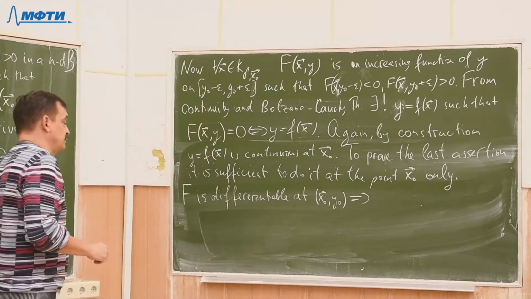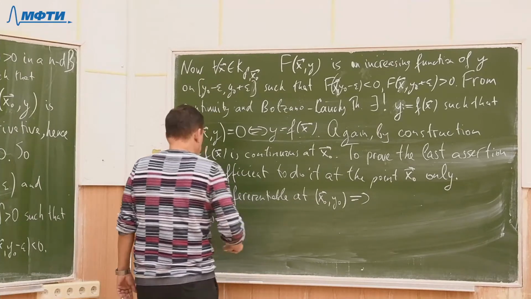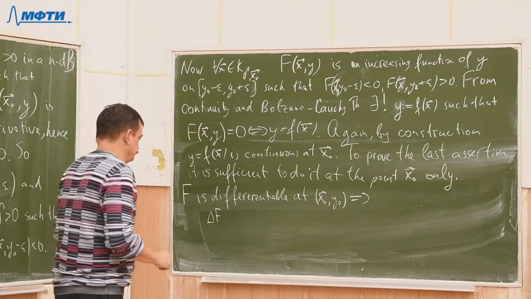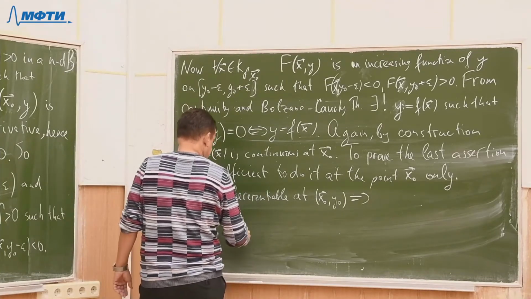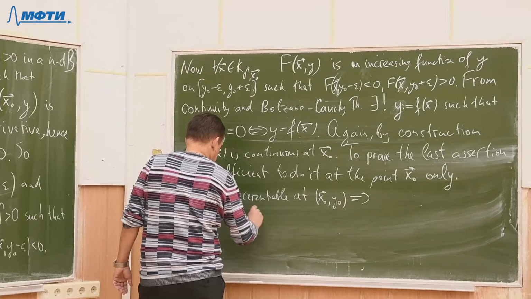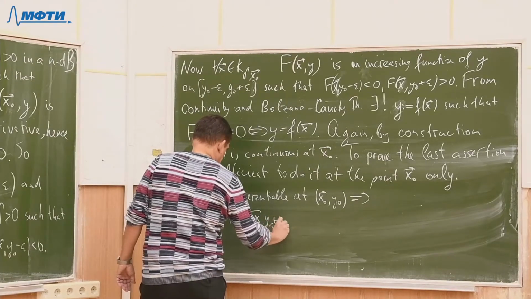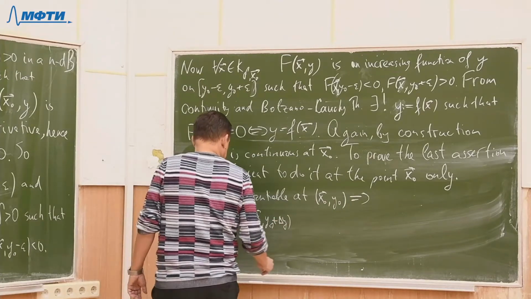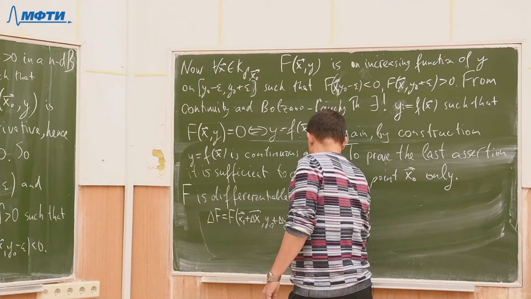It means that we can write an increment of our function, which is capital F of x naught plus delta x, y naught plus delta y, minus capital F of x naught, y naught.